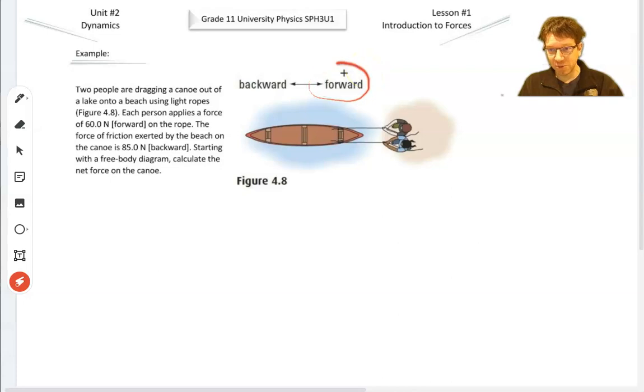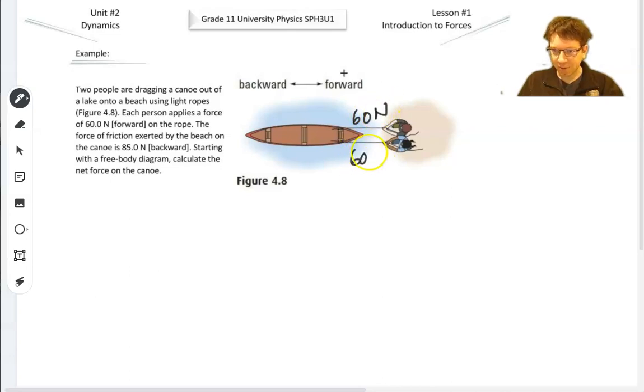So we're going to take forward as our positive direction, which is in this direction. And they're each pulling with 60 newtons. So we have 60 newtons on the first rope and 60 newtons on the second rope. Then there is also a force of friction exerted by the beach on the canoe, which is 85 newtons backwards.